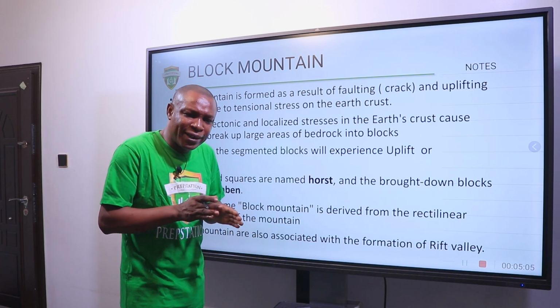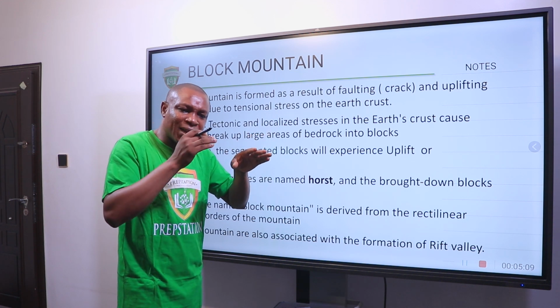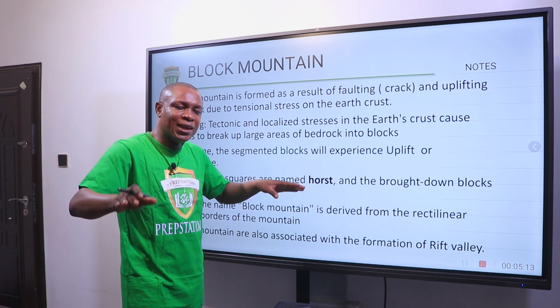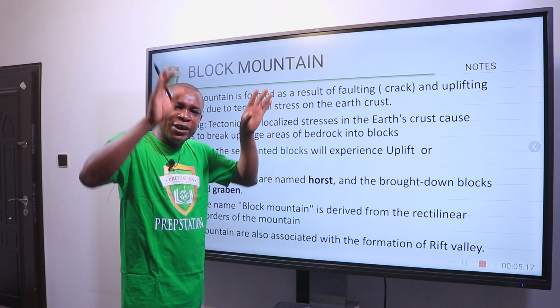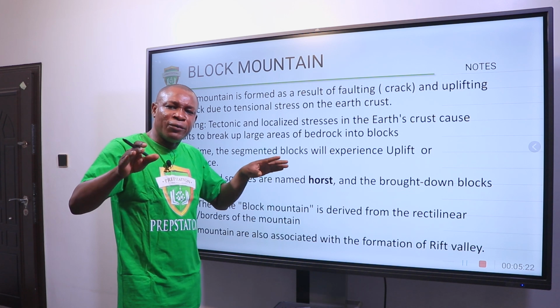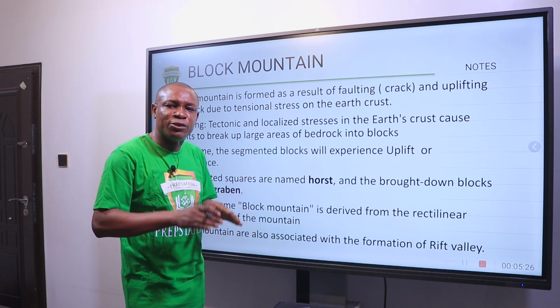When that crack widens with time, either the middle segment of that landmass will subside, leaving the 2 other sides to remain upstanding, giving us a rift valley. Or the 2 sides of the blocks will subside, leaving the middle side upstanding.